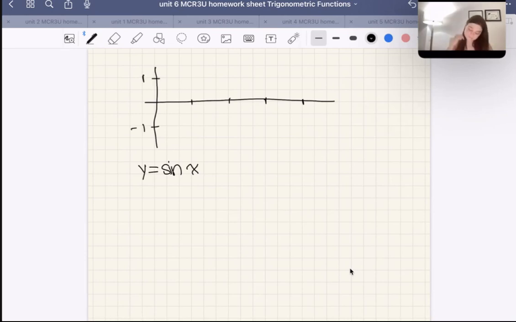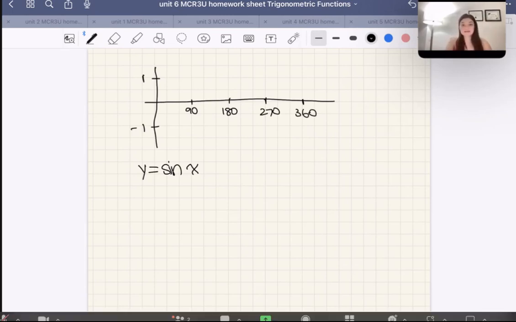And this is going to be 90, 180, 270, and 360. Keep in mind 360 degrees is the period length in this situation.